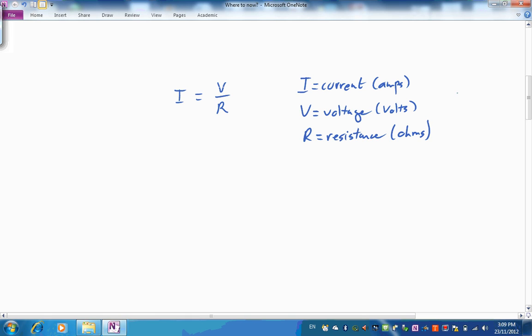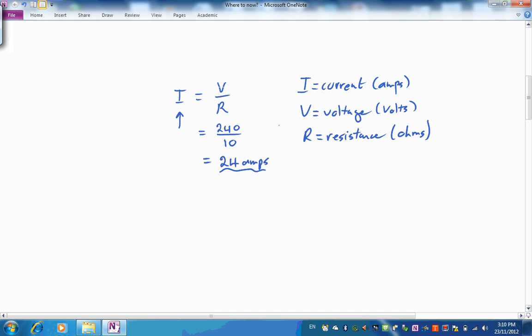Well, the way it's set up, you can see it is quite easy to calculate the current flowing if you put, let's say, 240 volts, which is the Australian voltage, and here, let's say, we have a resistance of 10 ohms, then we would have 24 amps flowing. So that's nicely set up.